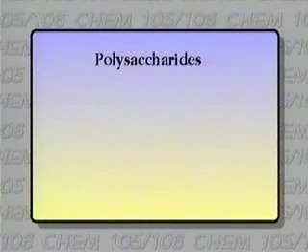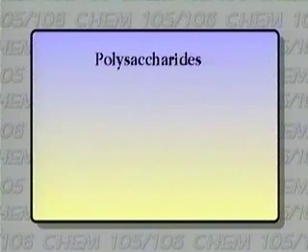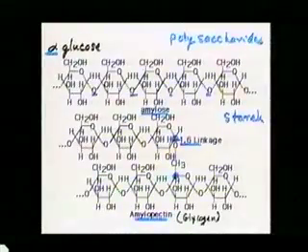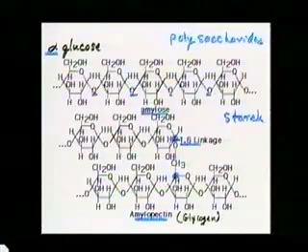So let's take a look at some polysaccharides. The polysaccharides mean that we have many of these single units hooked together, and they're all done by dehydrating, by pulling a water molecule out from between the mono groups as we go along.